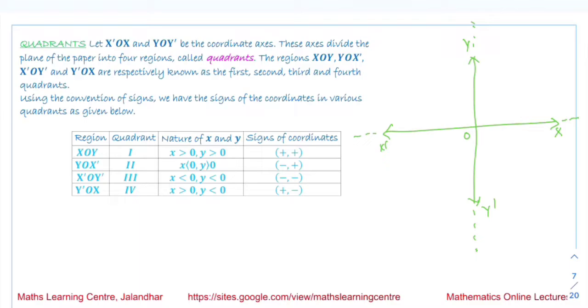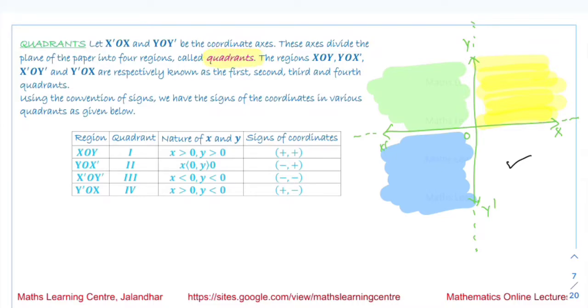This is the first part, then we have another part over here, this is the second part, then this is the third part, and this one is the fourth part.